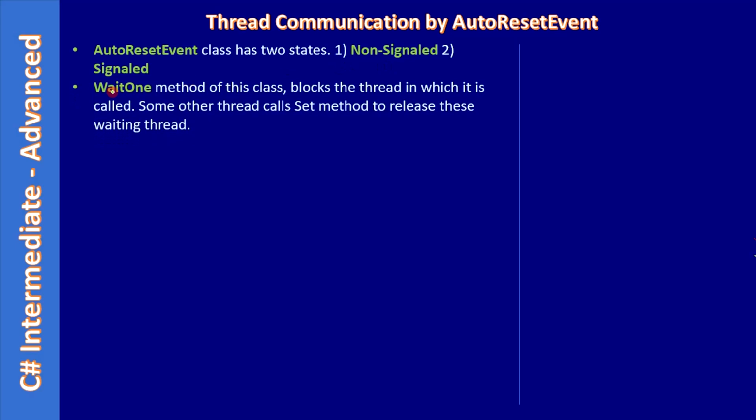So WaitOne is a method of this class, AutoResetEvent. The WaitOne method of the AutoResetEvent blocks the thread in which it is called. Some other thread calls the Set method to release this waiting thread.